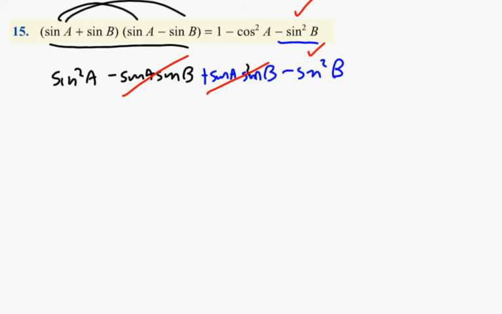What's not matched up is the 1 minus cos squared A, which is matched up with the sine squared A. So is there any way I can change that? Come on guys, you all know it.